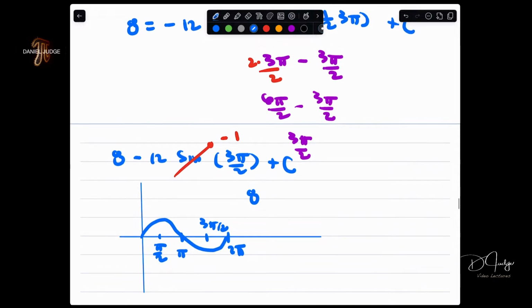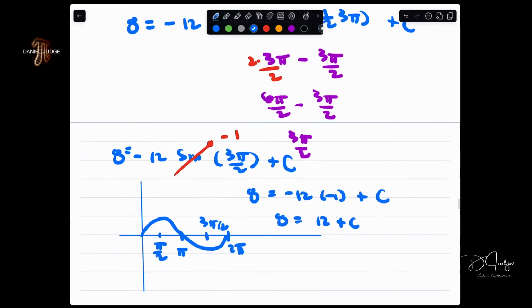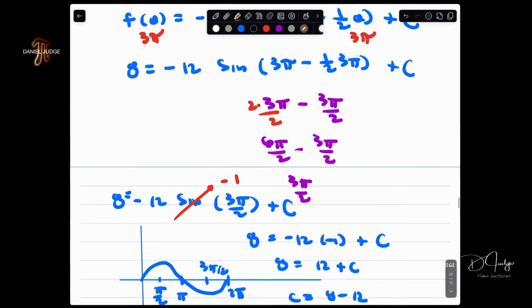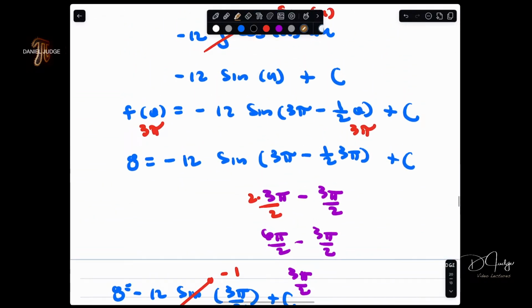8. See, then this is equal. Told you. 8 equals negative 12 times negative 1 plus c. So 8 will be 12 plus c. C will be 8 minus 12. And then c is negative 4. So negative 4. That c here is really negative 4.